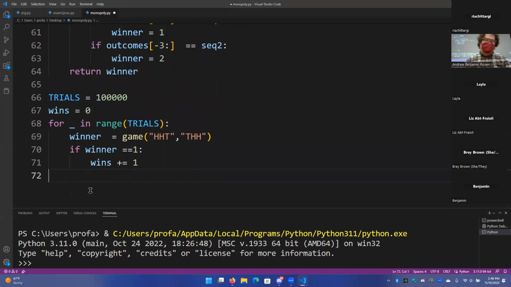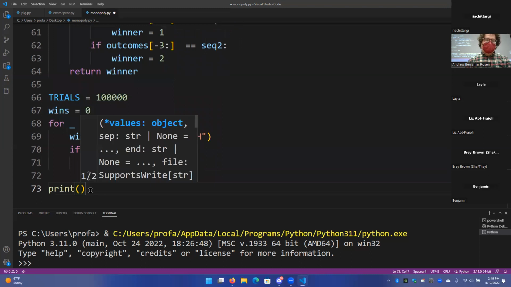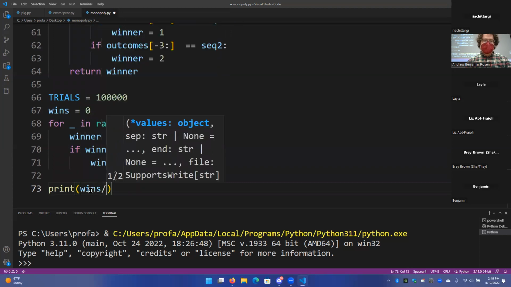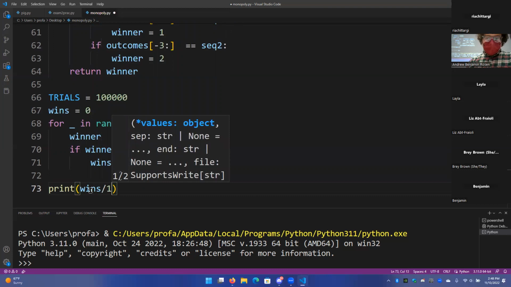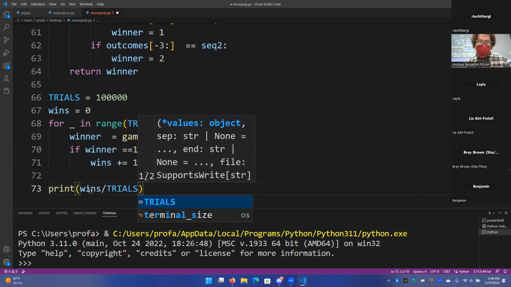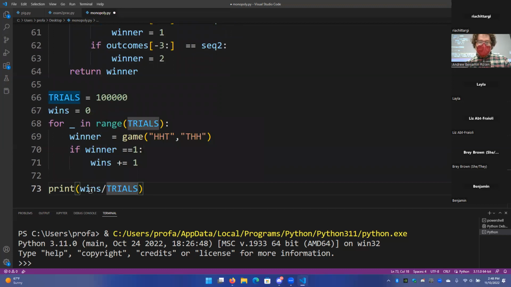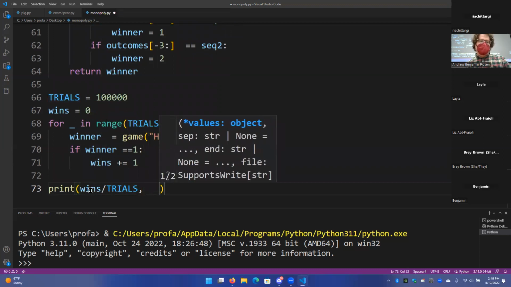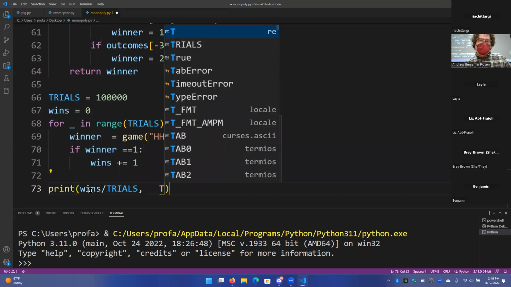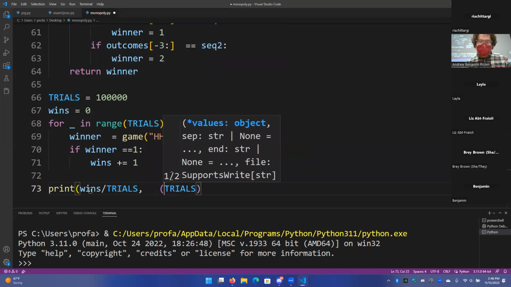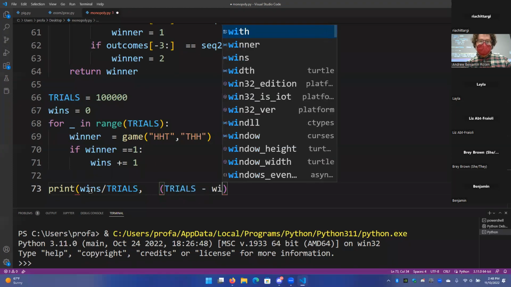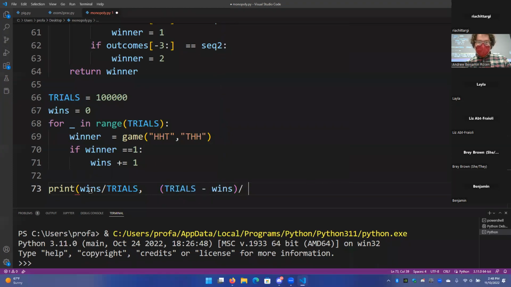And then we can very easily calculate the win rate by saying wins divided by trials. And I can calculate the other player winning by saying the number of trials minus the number of wins, divided by the number of trials. These two numbers together add up to 1.